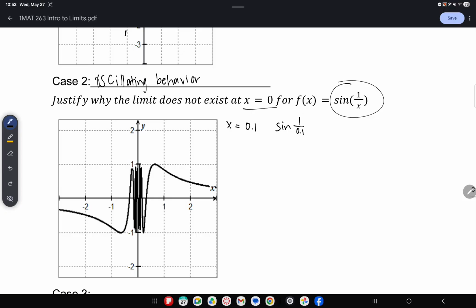And so that would be from the right side. And this will be a negative number. And if I plug in x equals, how about negative 0.1? So sine of 1 over negative 0.1. That actually gives a number that's greater than 0. So from the left and the right, if one's positive and one's negative, those are not going to be the same numbers. So that limit does not exist.